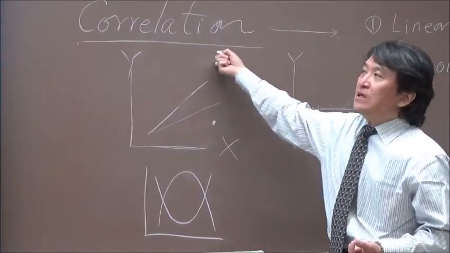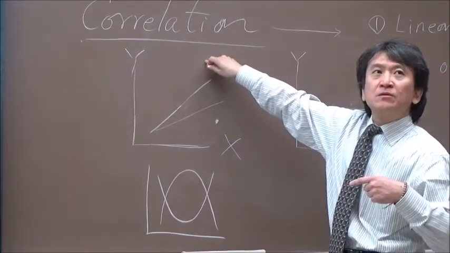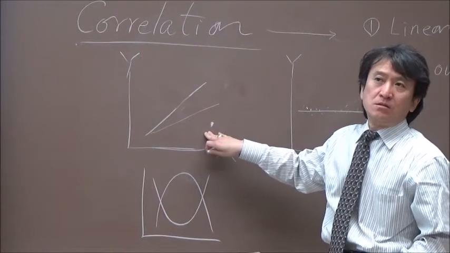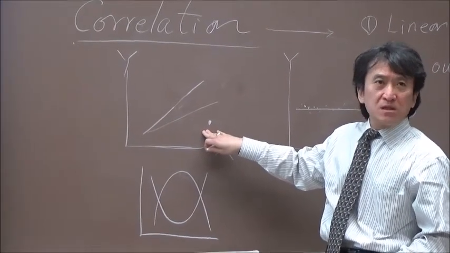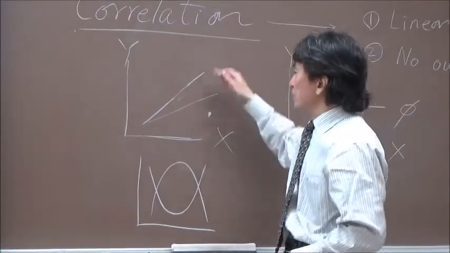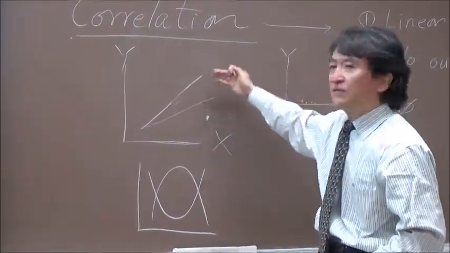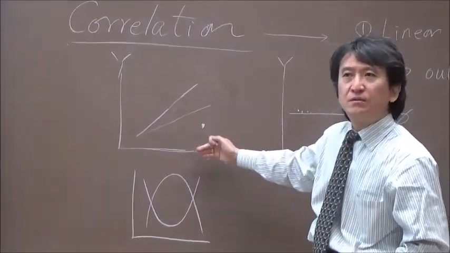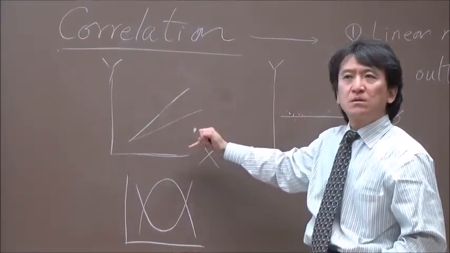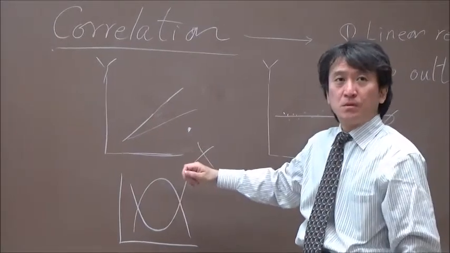So conversely, the Pearson product moment correlation coefficient is extremely sensitive to an outlier. Does it make sense? So in this case, the correlation will become lower. Only 1 point, okay?